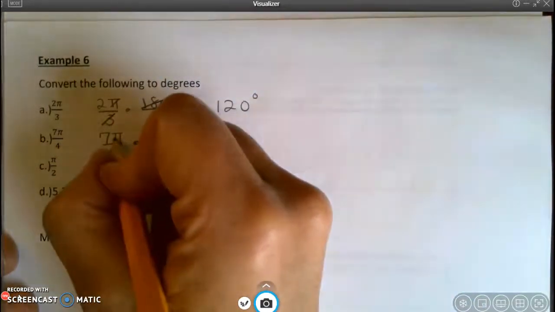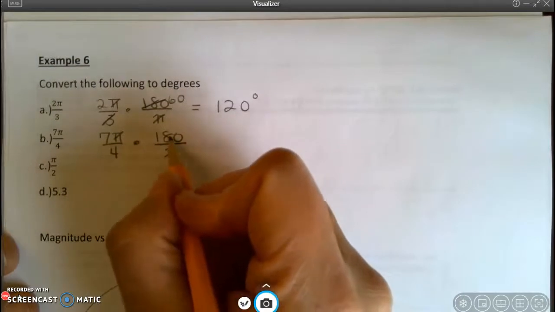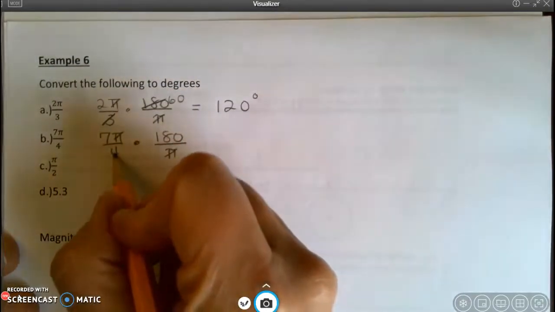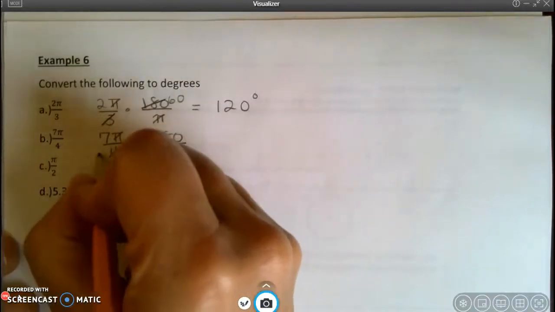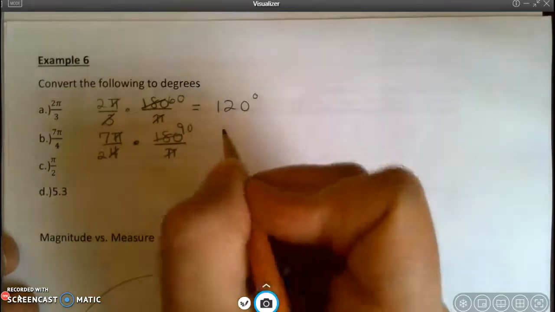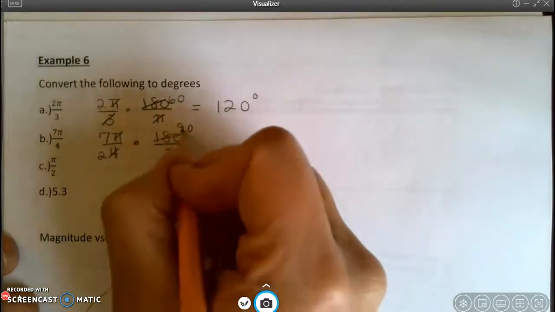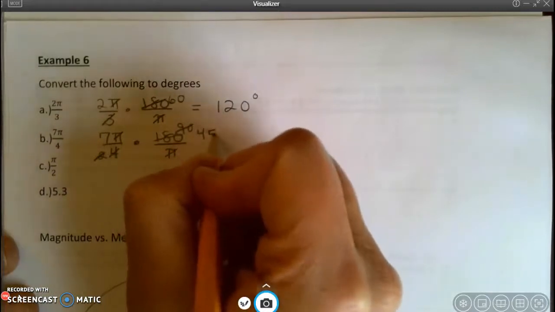Once again, the pi's cancel. And I have 180 divided by 4. I know that they're both even, so I can divide by 2, and I can make that a 90. And then I know that 90 divided by 2 is 45.